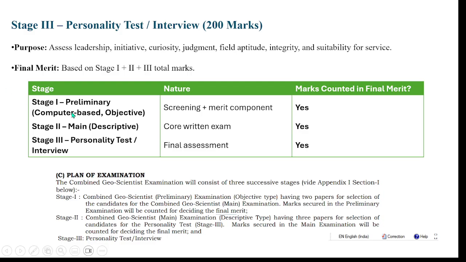And yes, stage 1 is used for screening, and its marks are going to be counted in the merit list as well. The second and third stages are also part of the marking scheme.